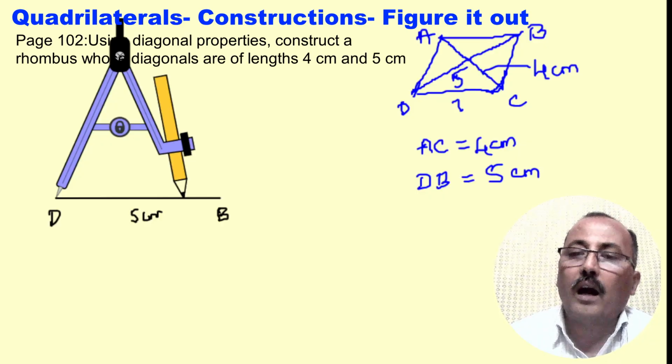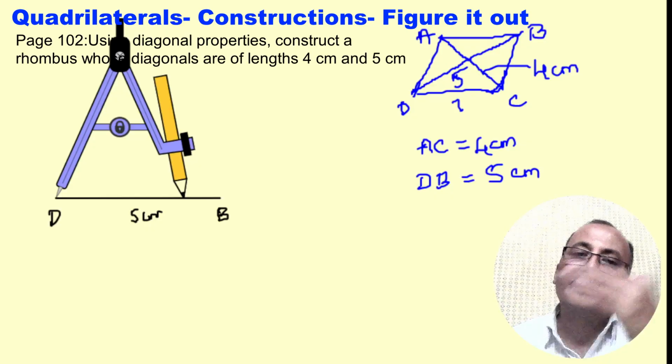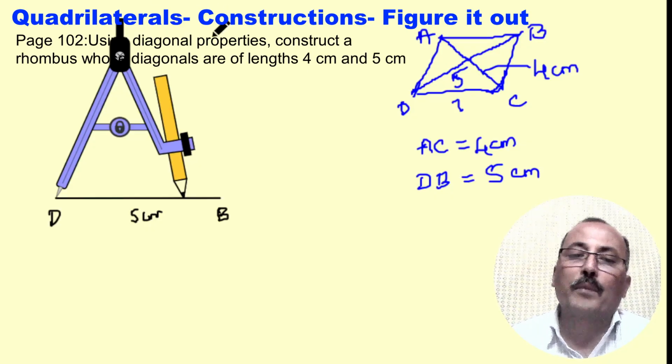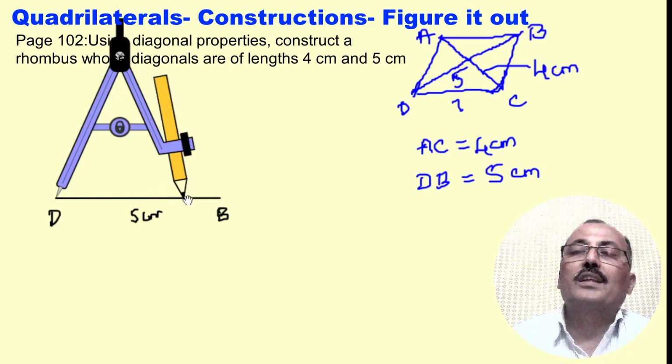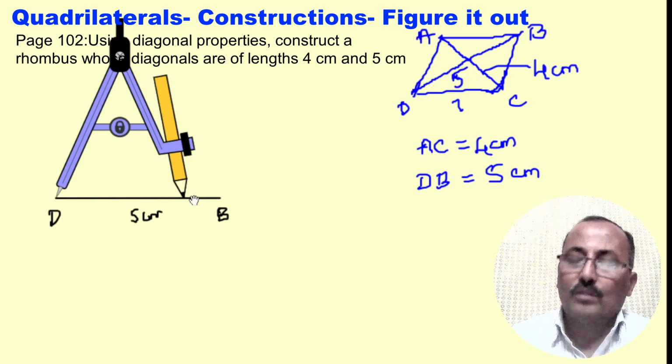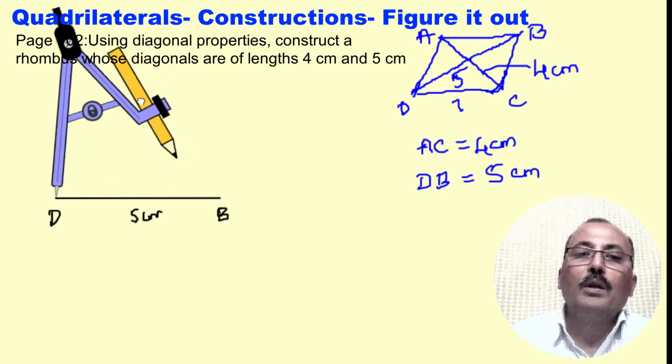Because if DB is long and you take half, the arc will go top and bottom and it will be difficult for you to draw. So you guess something a little bit more than half and take it. That is a rule usually followed. If you want, you can take the full length also. Draw an arc above and below.